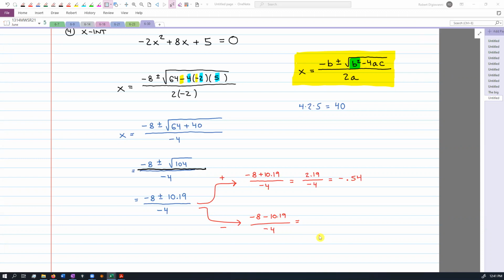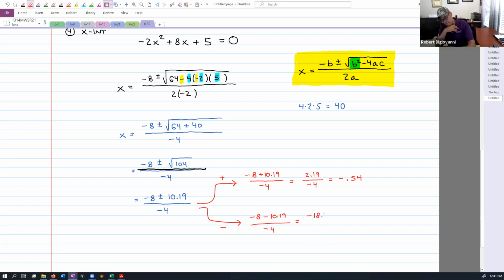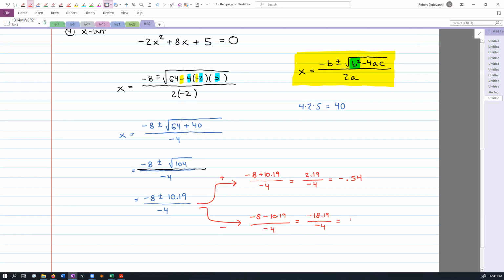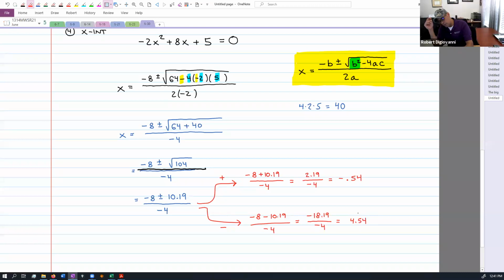At the top of the fraction, I got negative 18.19. Okay, and then divide that by -4. So we should have a negative divided by negative. We should get positive here. I got positive 4.54. Okay, 4.54. There we go. We've got our 2 X-intercepts. They're decimals. Okay, big deal. We'll deal with it. Okay, good.